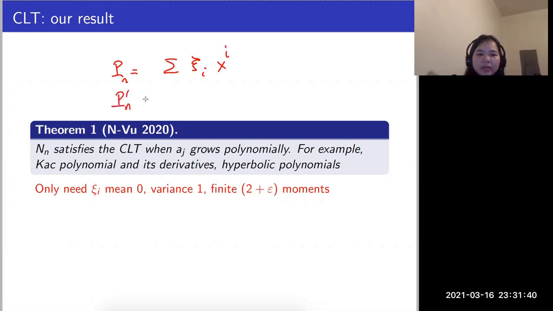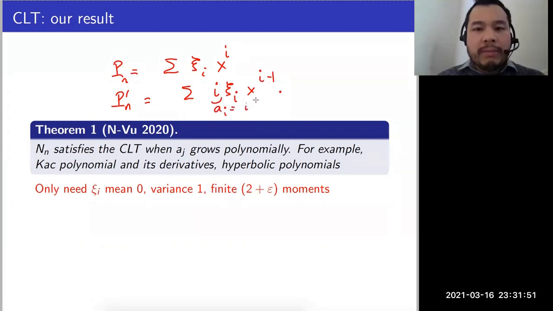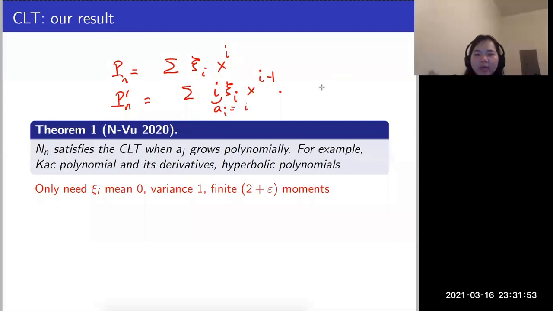Then there is the derivative of the Kac polynomial, the sum of i c_i x^(i-1). Now this is the a_i, so a_i equals i. And generally, if we take more derivatives, then a_i is i^rho, where rho is a fixed constant. So these all work.